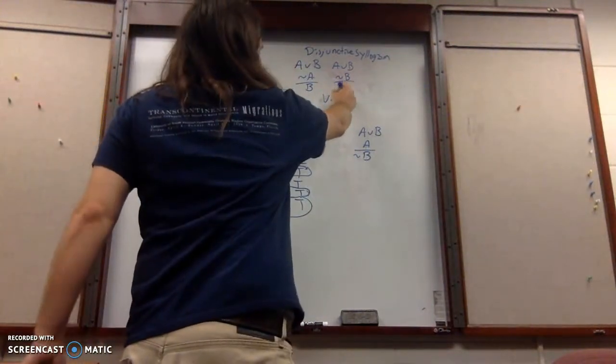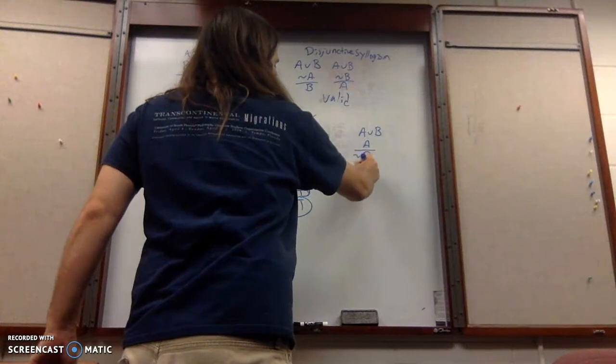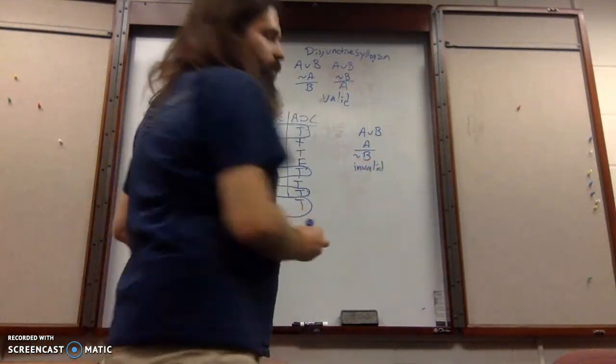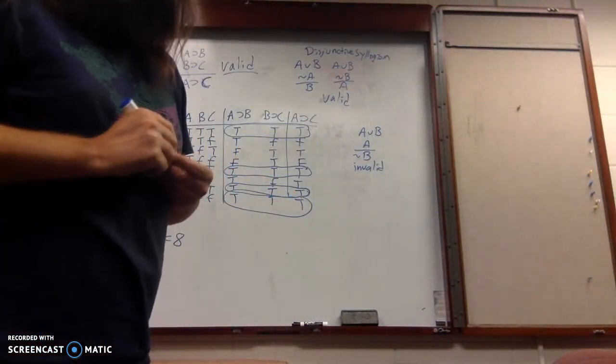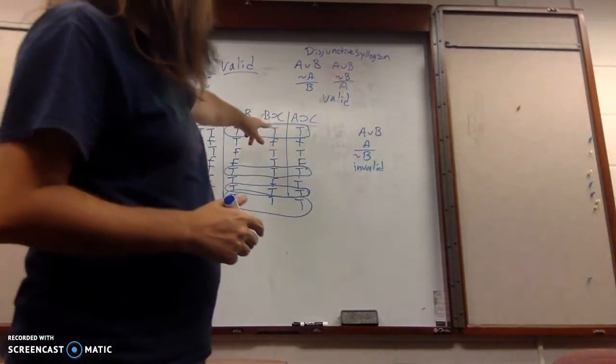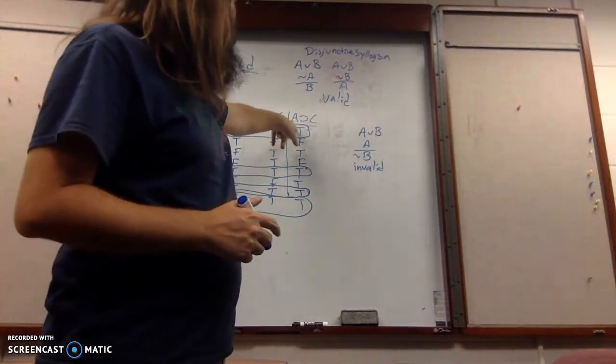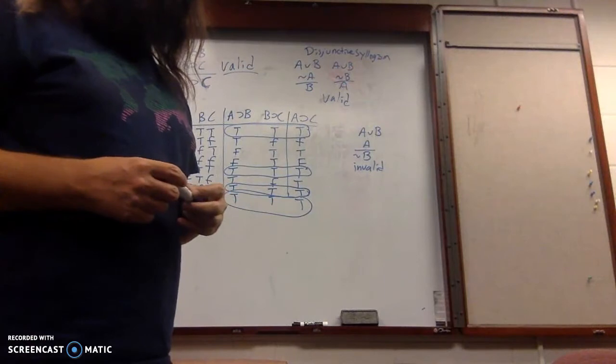Because these are both valid and this is invalid. And we show that with truth tables. Again, just a quick review: by checking to see when the premises are true and seeing whether or not the conclusion is also true.